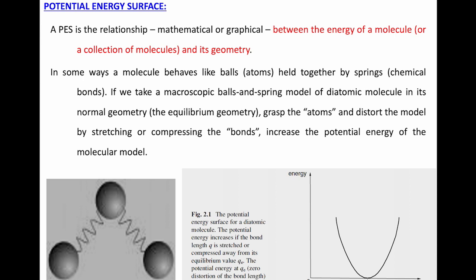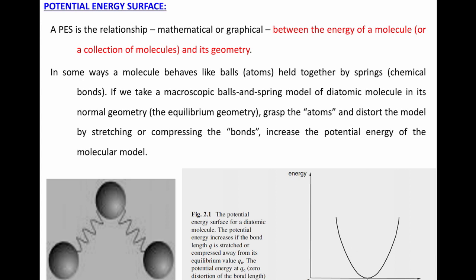The only parameter changing in that molecule is its bond length. So we can find its energy by considering its bond length, and if we change the bond length, its energy changes. In an equilibrium condition, its energy is almost zero.